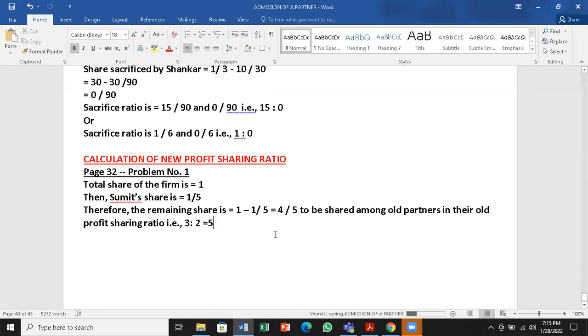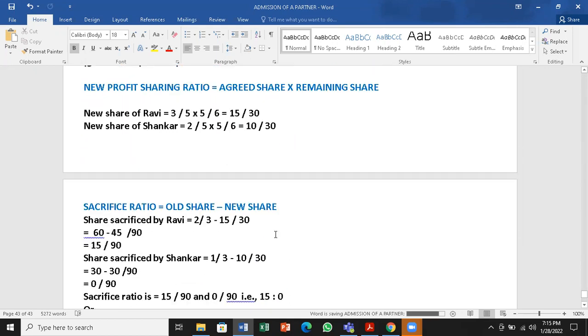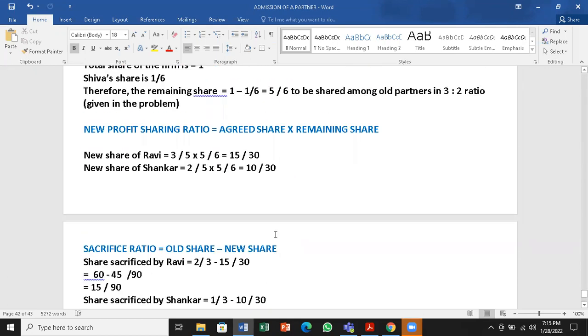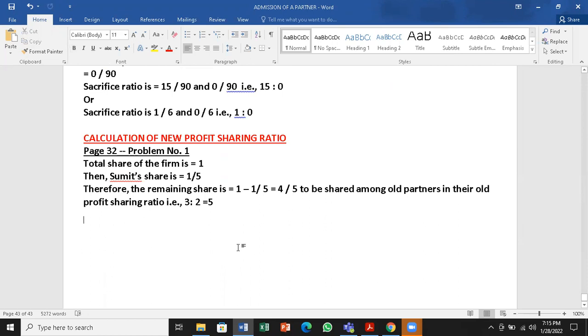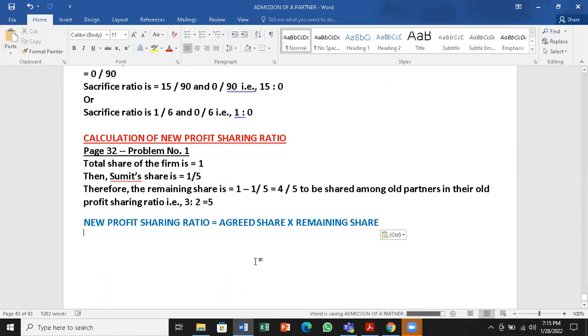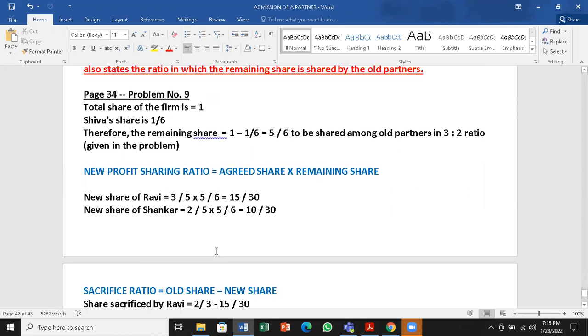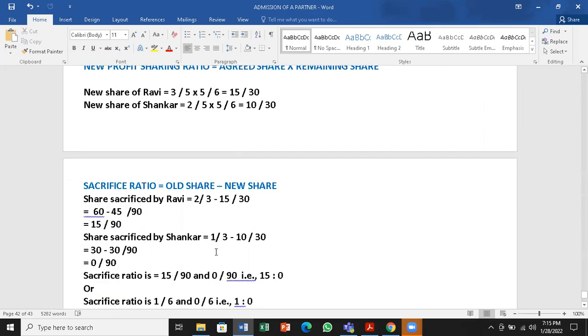So the remaining profit should be shared among the old partners in the ratio 3:2. If nothing is given, that is the method you have to adopt. So formula, like in the previous one, new profit sharing ratio is equal to agreed share into remaining share. So we have to go for the new partners one.